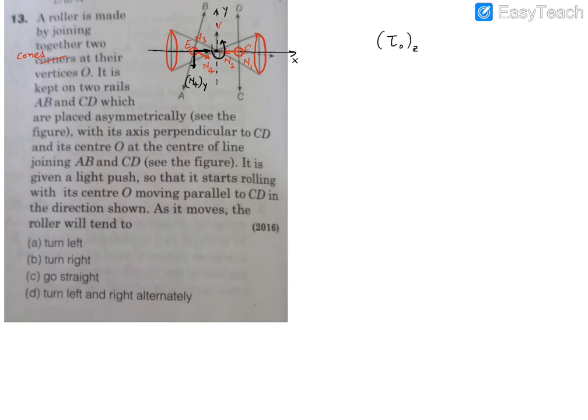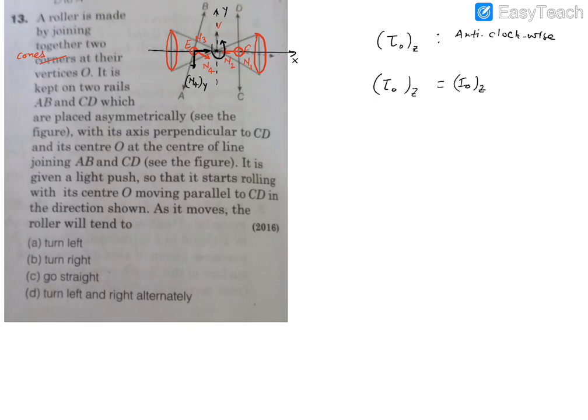So this torque is going to be in the direction that we can say is anti-clockwise. If you are able to digest this, we are able to identify that it will have a torque acting in the anti-clockwise sense. Now we know this torque is going to be equal to I about the z-axis times alpha.